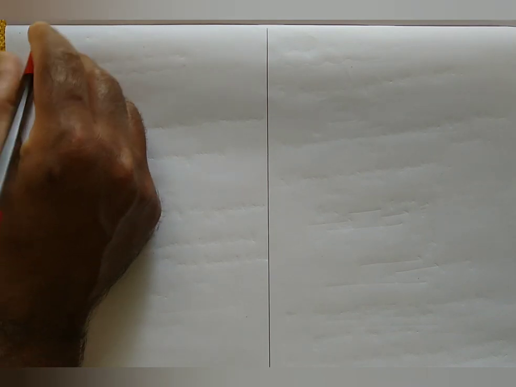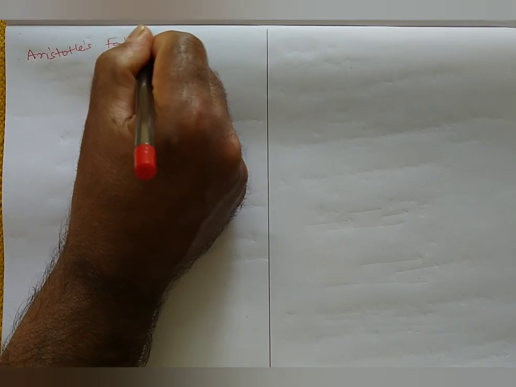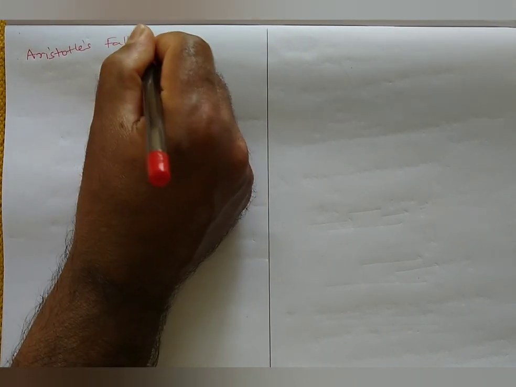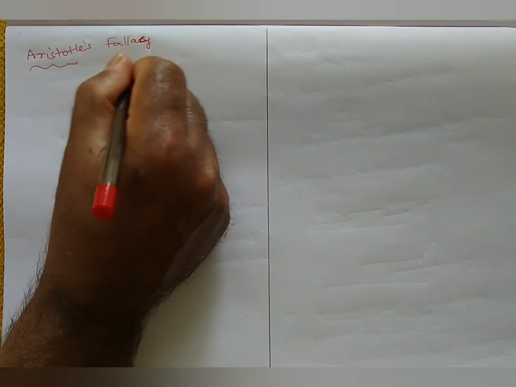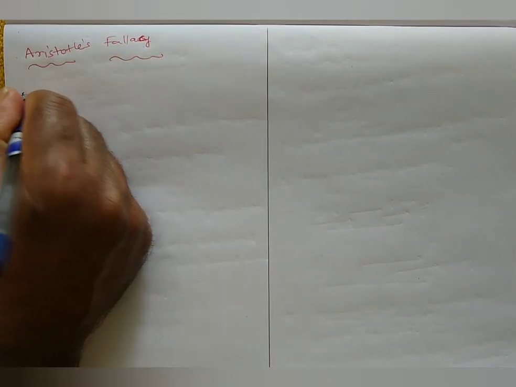Next one is Aristotle fallacy. So Aristotle gave the explanation of the motion of the body.